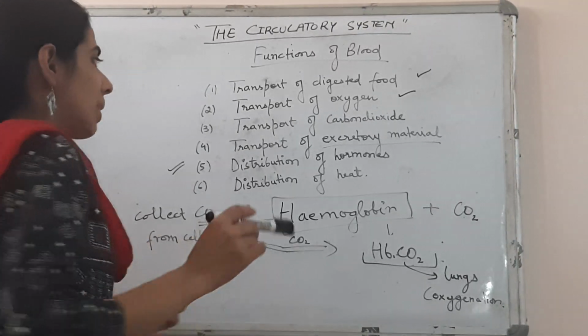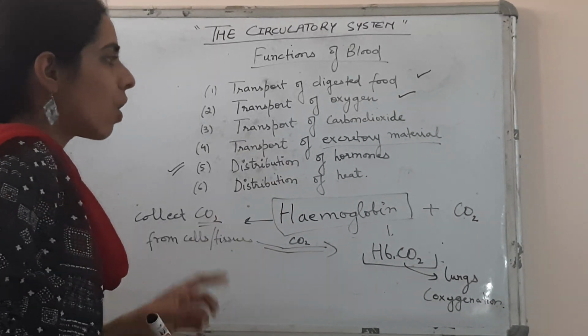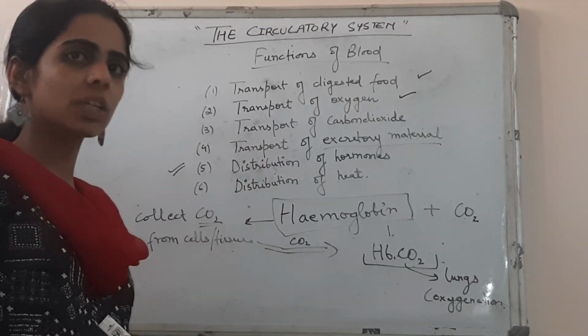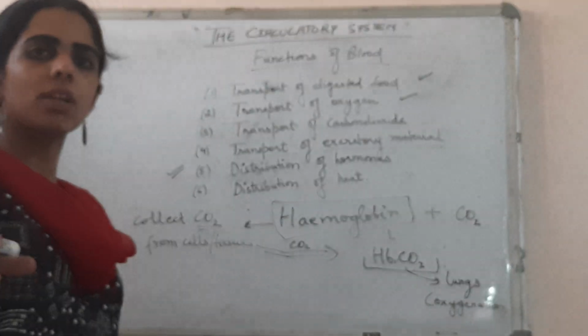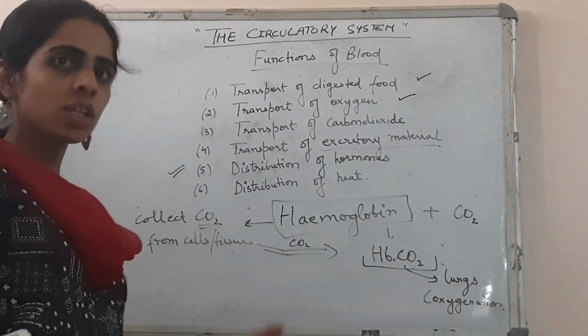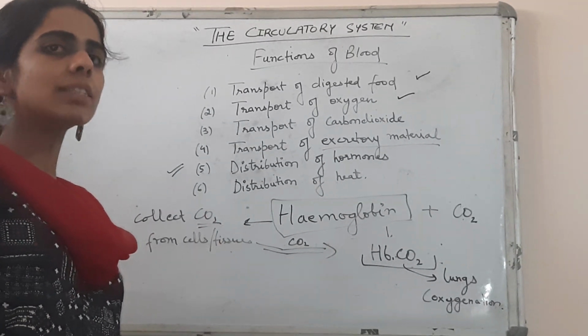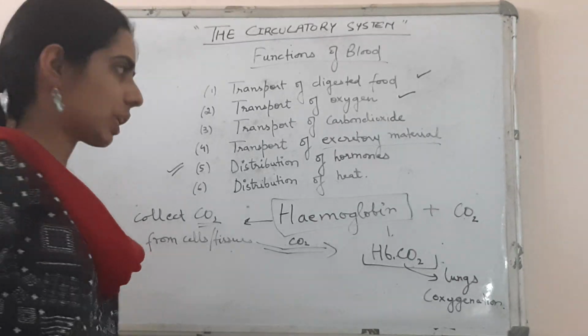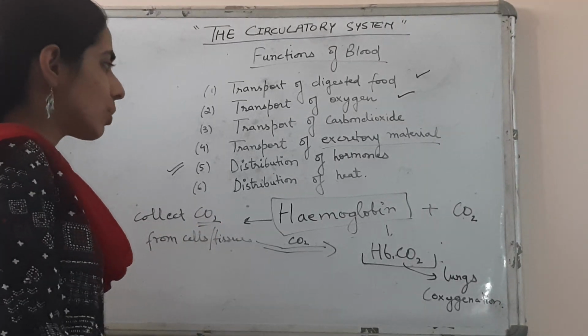The blood has to transport this hormone specifically to that particular organ for which the hormonal gland has secreted it.